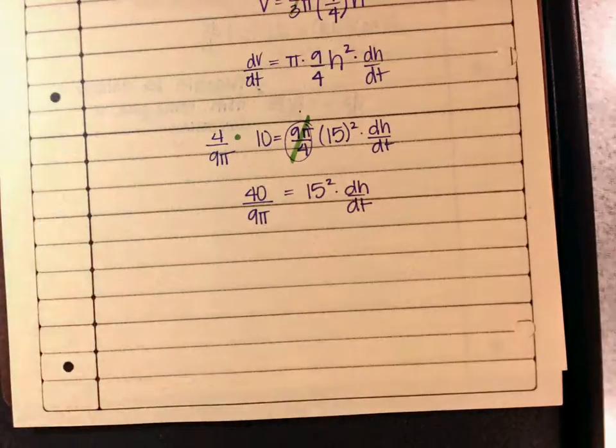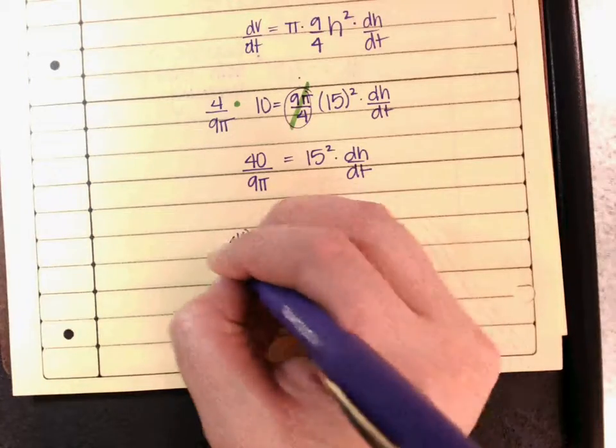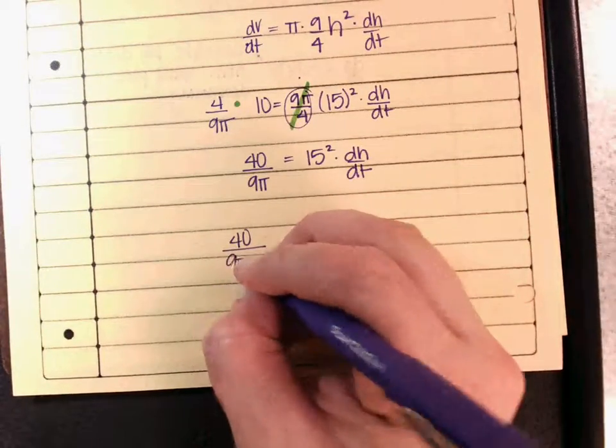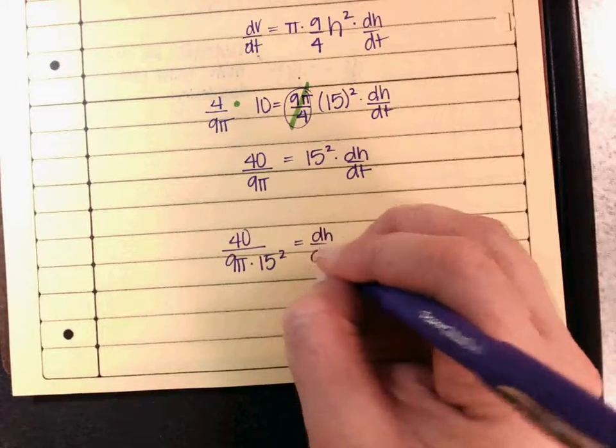So to get rid of the fraction, I multiply by the reciprocal, and now to get rid of the 15 squared, I'm going to divide that onto the bottom. So it'll be 40 over 9 pi times 15 squared, equals dh/dt.